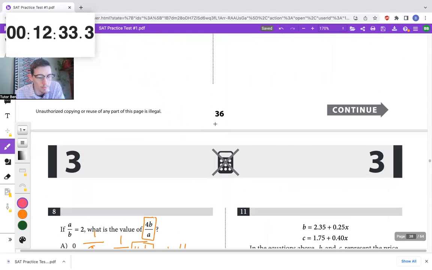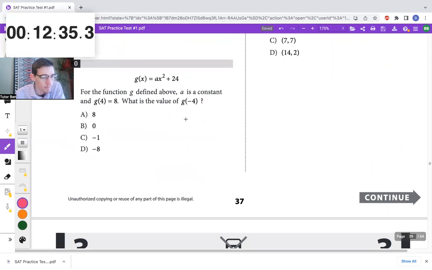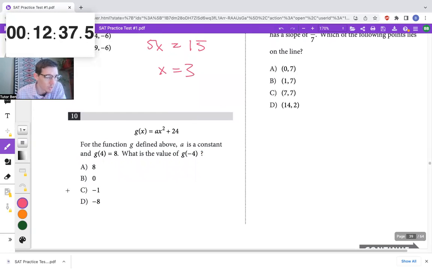All right, home stretch here, number 10. So for the function g defined above, a is a constant, and g of 4 equals 8. What is the value of g of -4? All right, so there's kind of a cute way to solve this question. The cute way is we see that 4 squared is going to be 16.